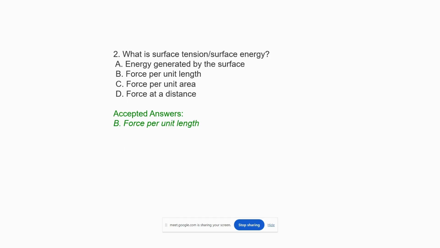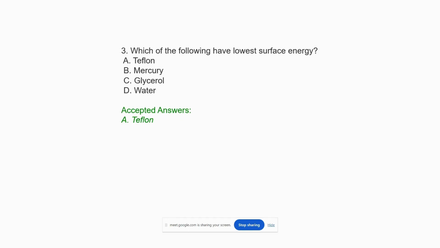So here it is force per unit length. Which of these have lowest surface energy? So Teflon has the lowest surface energy, which is why the droplets are formed. Droplets of water are formed instead of coating it over.